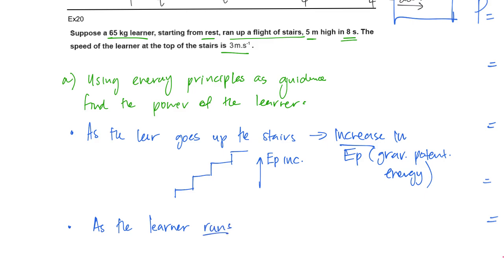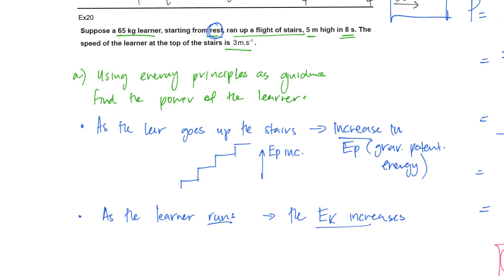The second thing that's happening is, as the learner runs, the EK or kinetic energy also increases, because a person started from rest. They weren't moving. So now they're running all of a sudden. You're going to have an increase in kinetic energy.